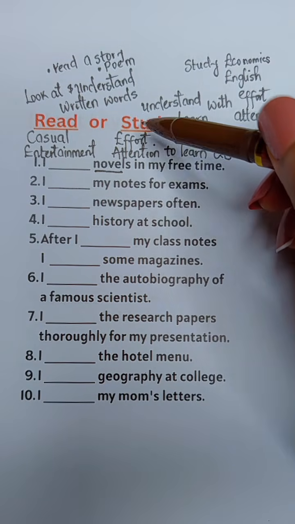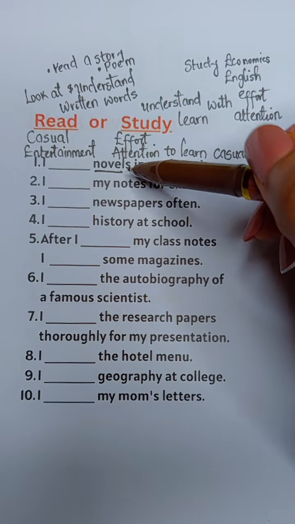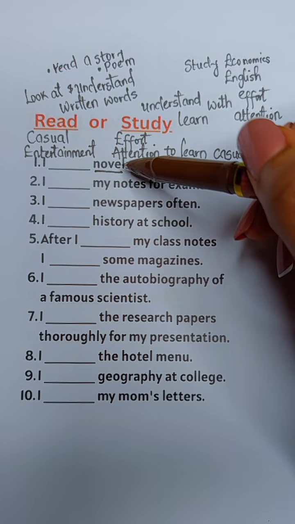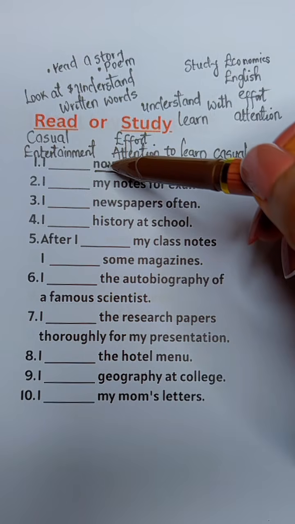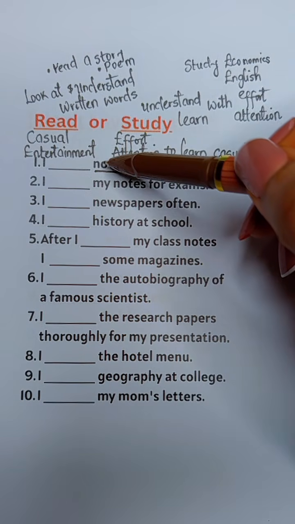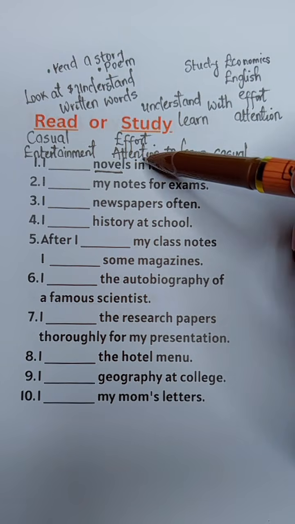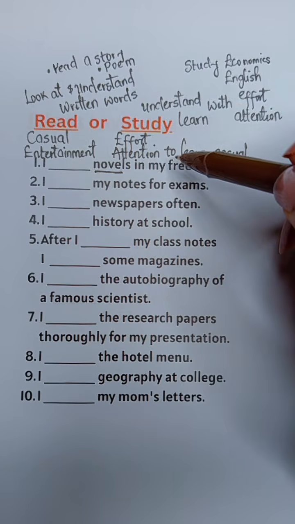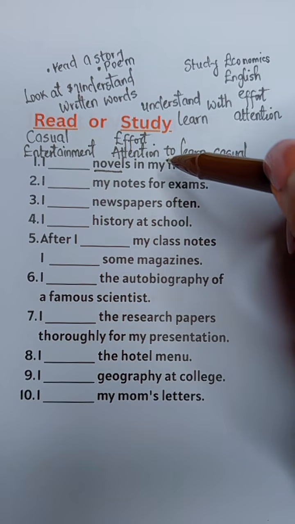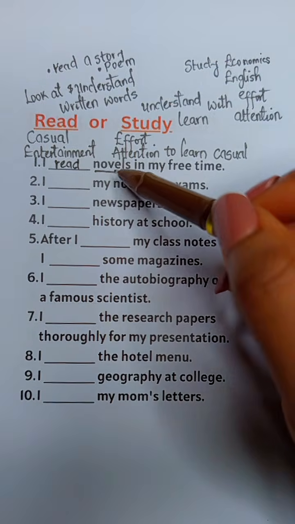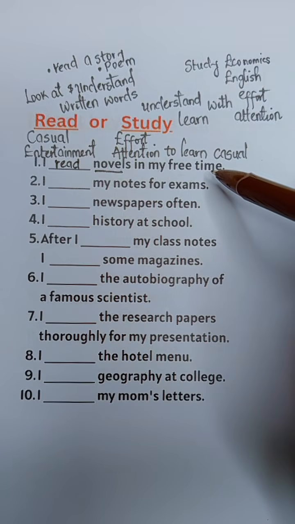So we don't use study because there is very little effort and attention needed when novels are involved. So we just read the novel to look at and understand the words written. We do not try to learn anything to remember for later. I read novels in my free time.